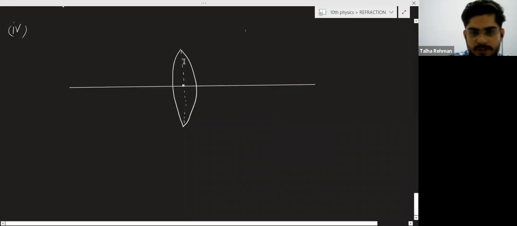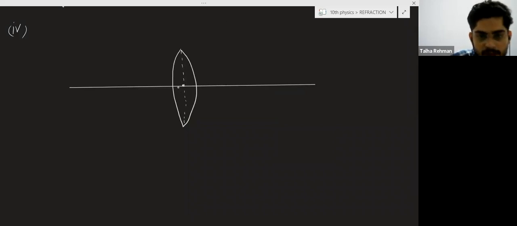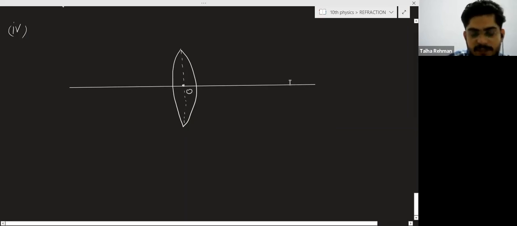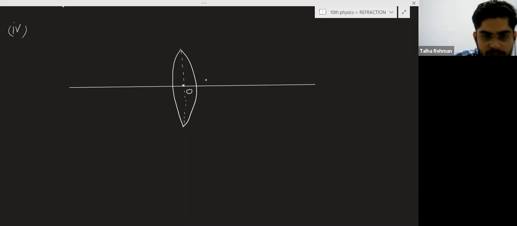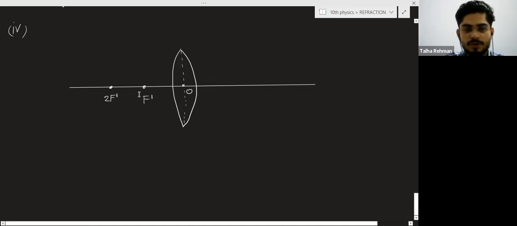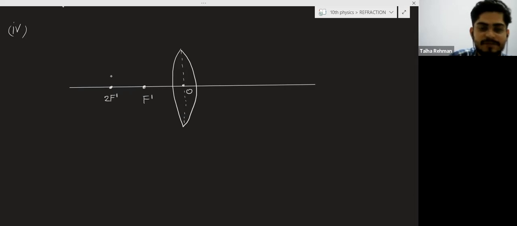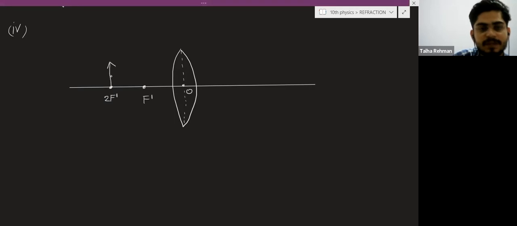Now this is our lens, and this point O is the optical center, and this line is the principal axis, and this is f dash, the second focus. This is 2f dash. Now I am placing the object at 2f dash. This is the object. What will happen?